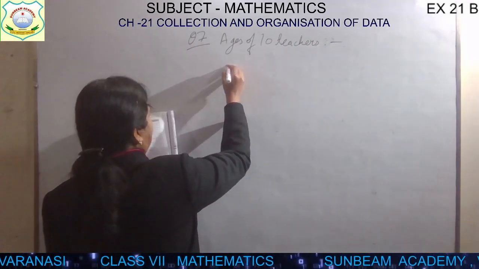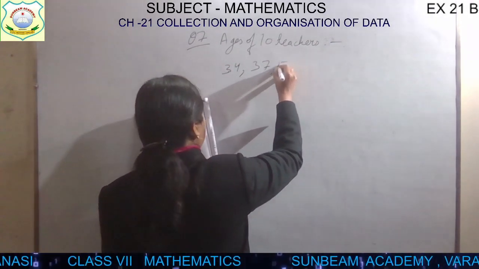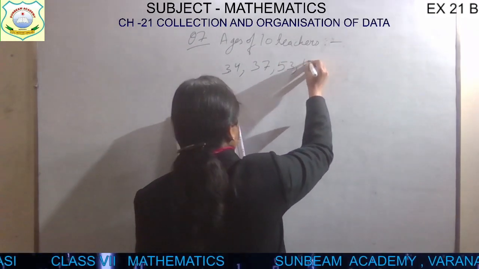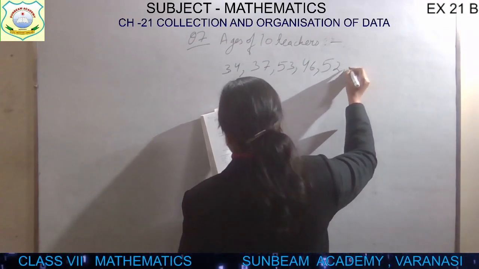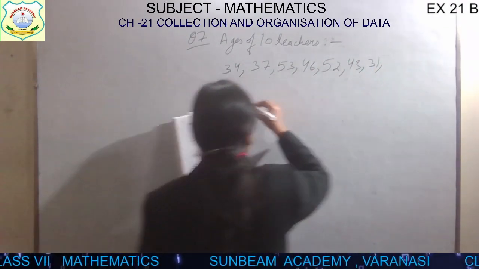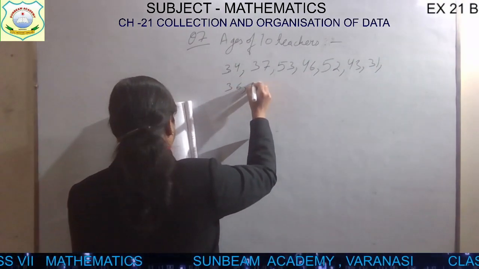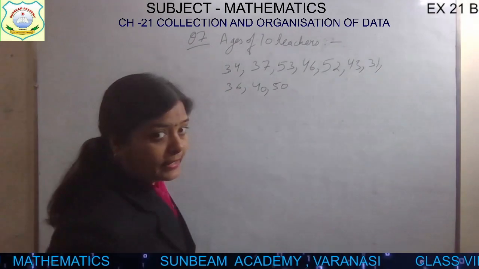They are 24, 34, 37, 53, 46, 52, then 43, 31, then 36, 40 and 50. These are the ages of 10 teachers.